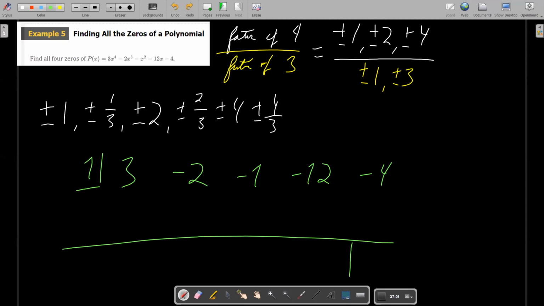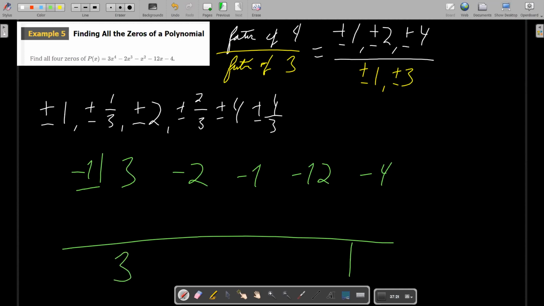So let's try -1. Oh, darn it! I could have done the lower bound and upper bound thing, but I erased it. So we'll see what happens here. We bring that 3 down.